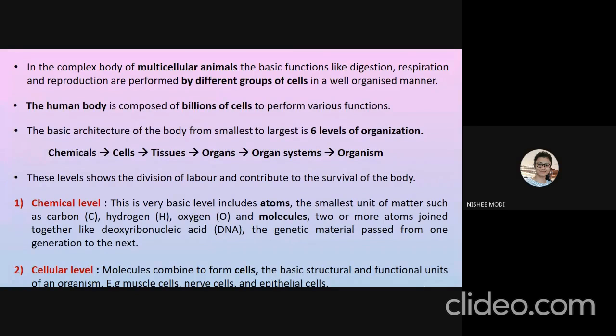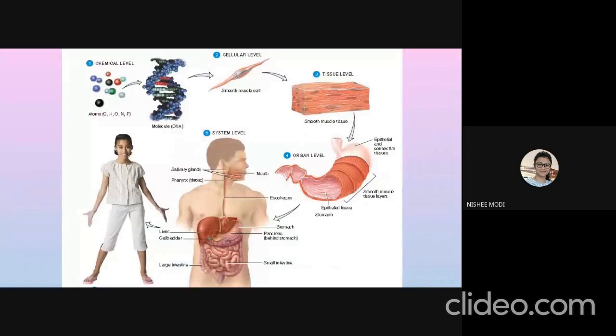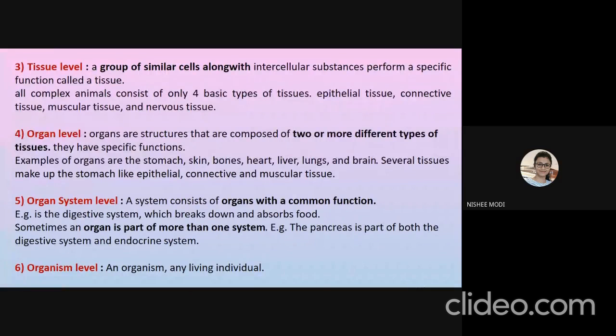Another level is the cellular level. Molecules combine to form cells, the basic structural and functional unit of any organism. Examples: muscle cells, nerve cells, and epithelial cells. Then the third level is the tissue level, a group of similar cells along with intercellular substances. We will talk about intercellular substances later.